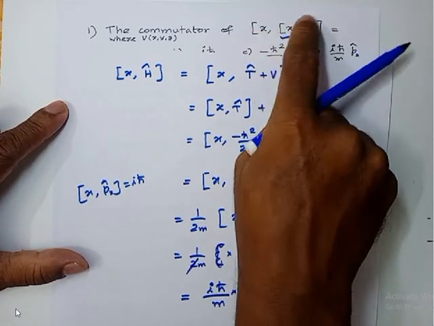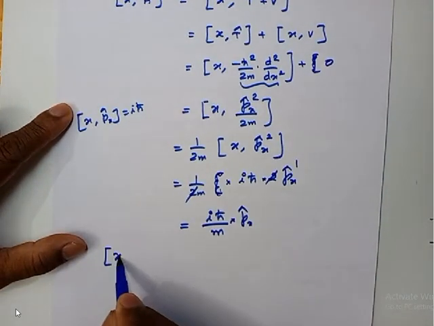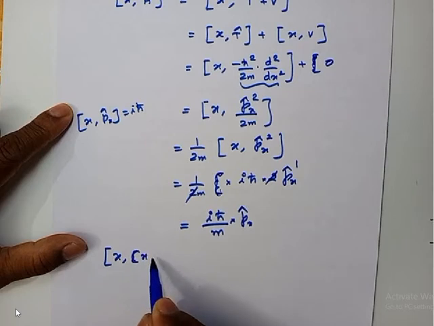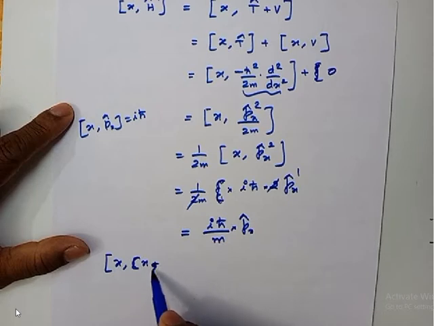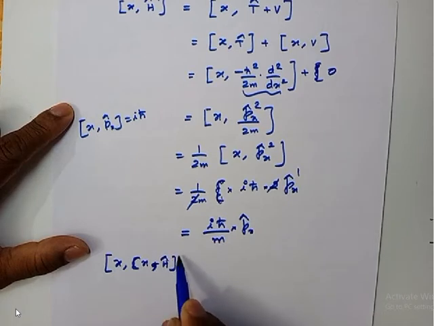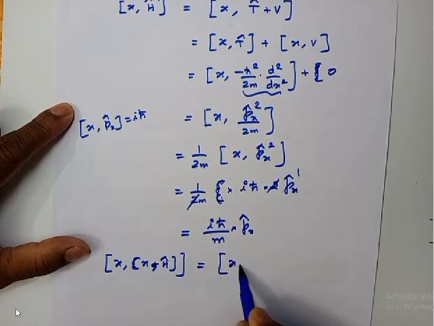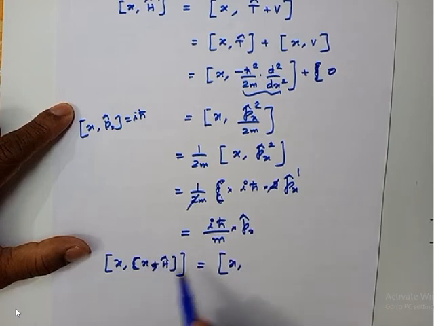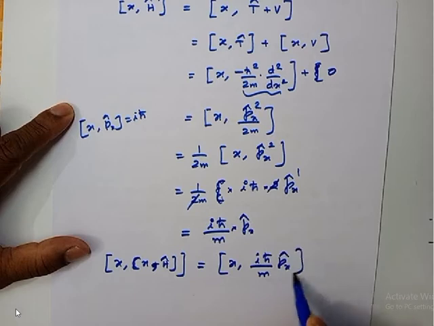Now we have to consider the whole commutator. So what is the whole commutator? The whole commutator is x comma x plus x comma H. This is the question that is asked. Now I'll keep this x as such, and we found that the value of this commutator is i h bar by m into the px operator.